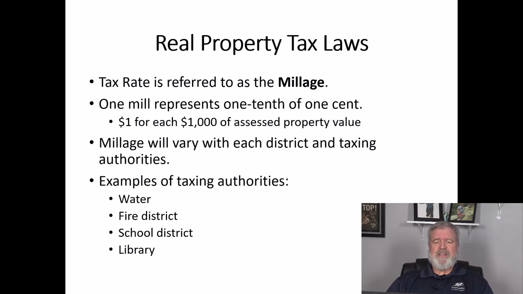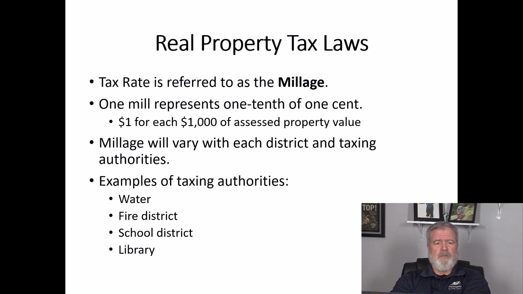So when we talk about tax rate, there's another term here you need to be familiar with, and that's called millage. And that's what tax rate is referring to, the millage. A mill is 1,000. And it says 1 mill represents 1/10 of 1 cent, 1 penny. 1 mill is 1/10 of a penny.